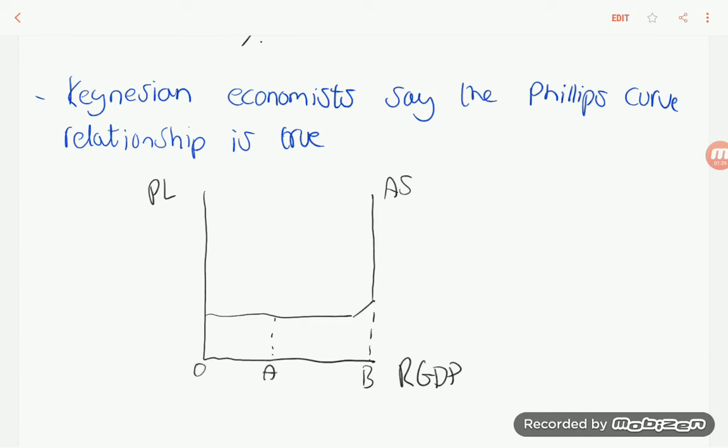Output increases thus with little effect on inflation. Between A and B, as output increases and unemployment falls, there is an increase in prices, i.e. inflation. This is the same relationship as the one shown on the Phillips curve.